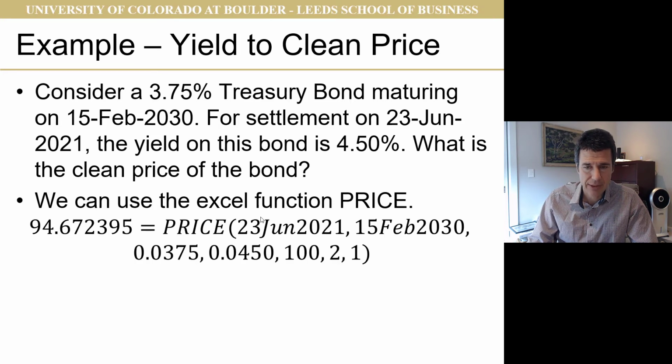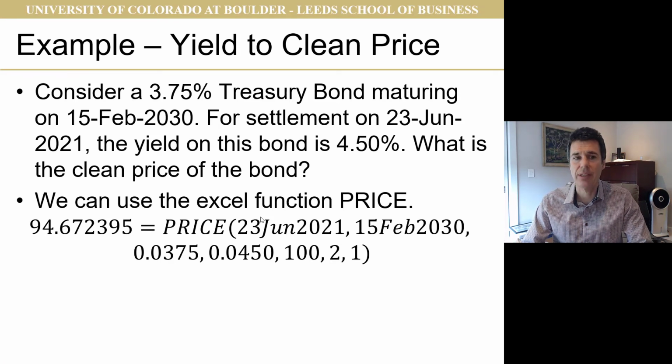We pass settlement date 23rd June 2021, maturity date 15th of February 2030, coupon rate 3.75, yield 4.5, principal or par 100, frequency 2 for semi-annual, basis 1 for U.S. Treasury bonds, and we find a clean price, 94.672395. If we were quoting in the market, we would quote this price.